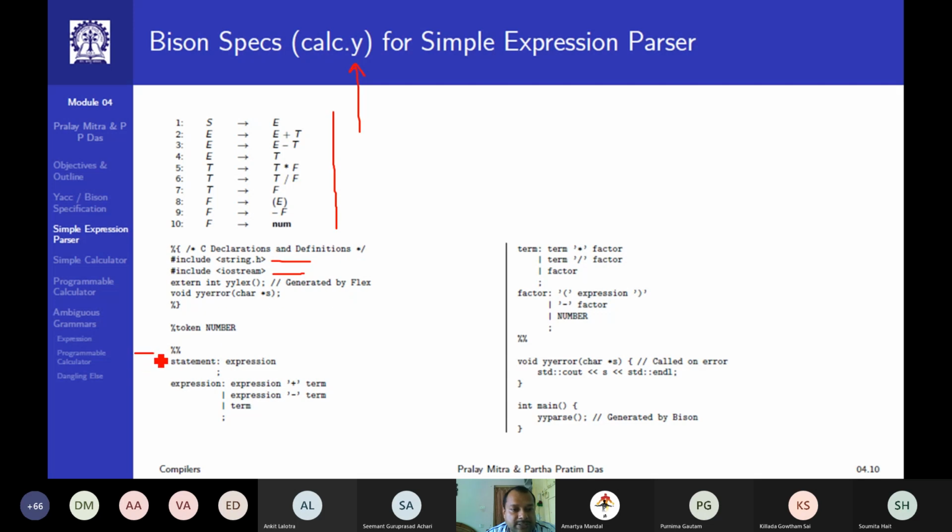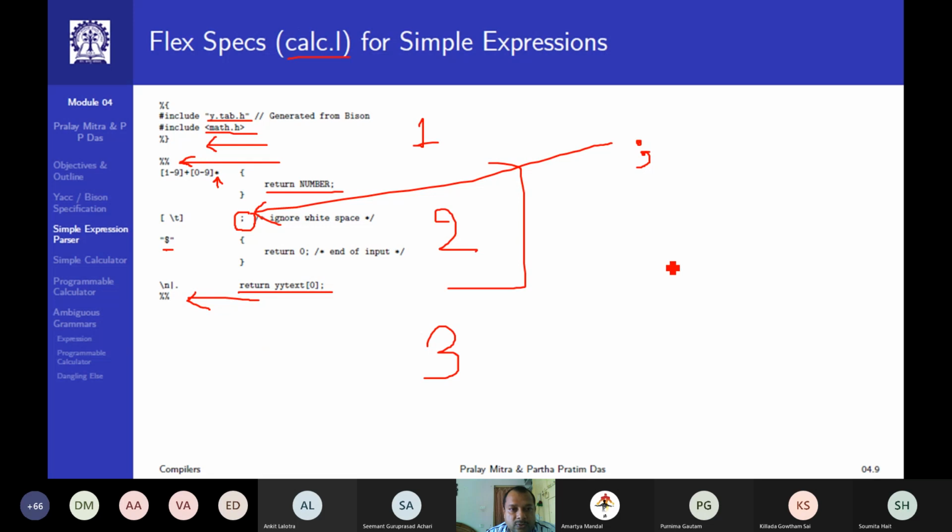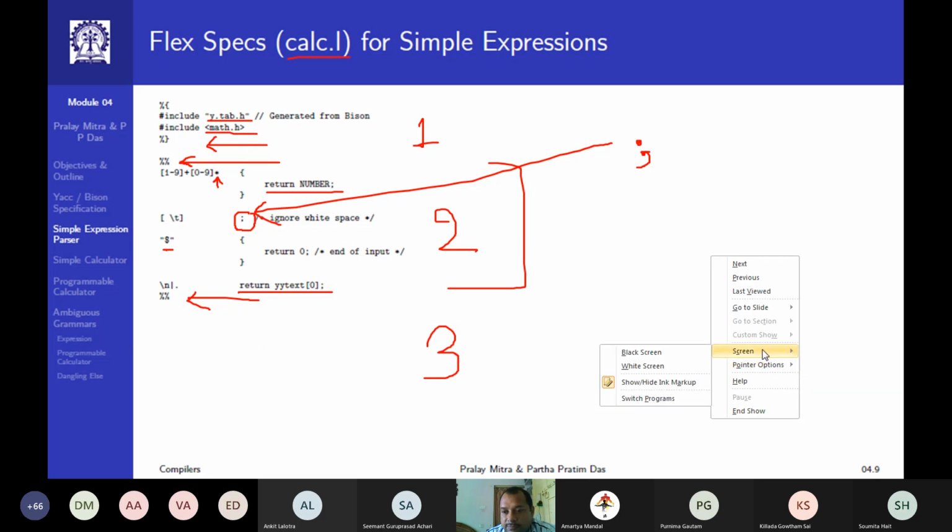Again, you remember, this is one marker and this is another marker. Section 1, section 2 and section 3. Section 3 is for auxiliary functions and section 1 is for declarations. Now this number, you remember, I am going to the previous slide. So let me erase everything.